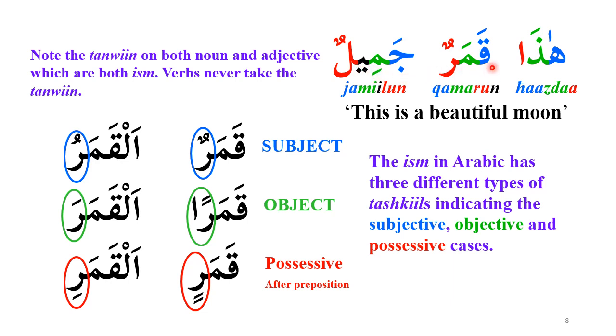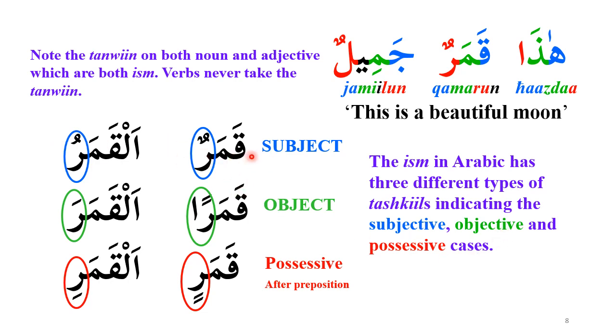See, both the noun and the adjective are ism, and both have to have either the definite or the indefinite article. Either way, it must have one. Otherwise, it will not be an ism. And there are three different kinds of endings of the ism that show the subjective, objective, and possessive cases.